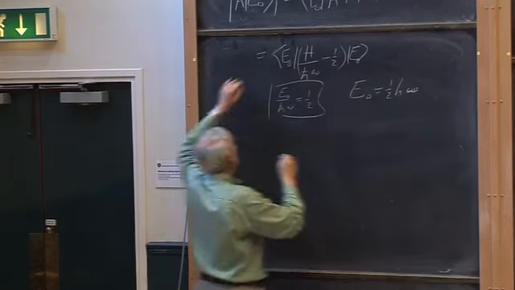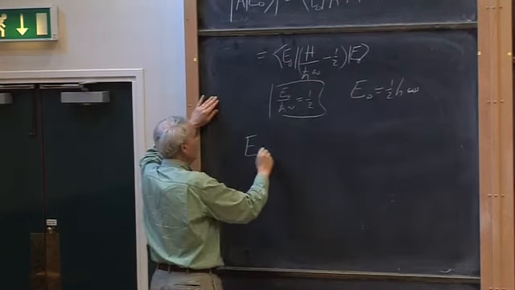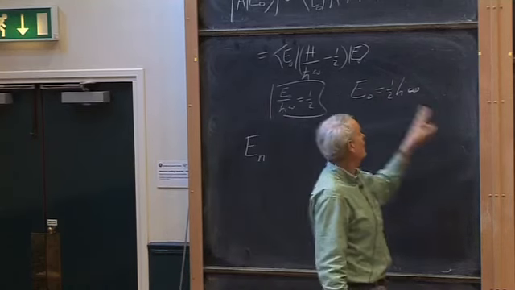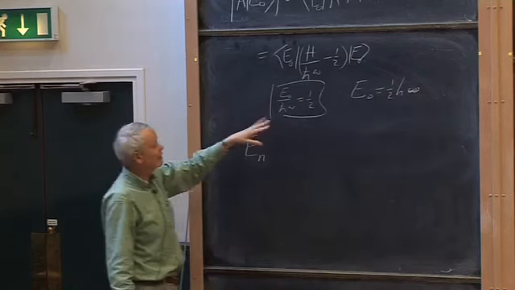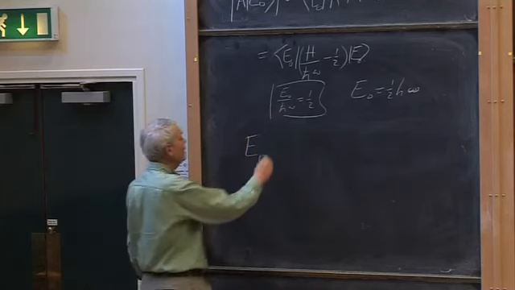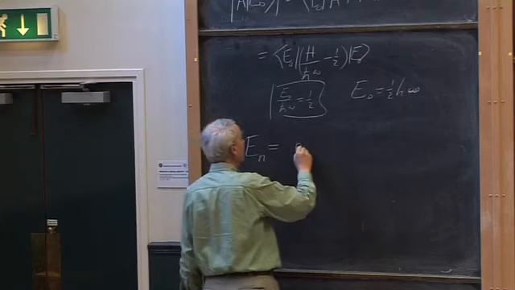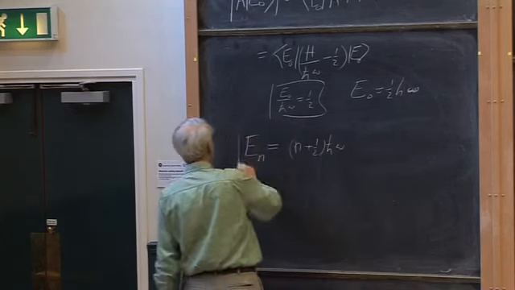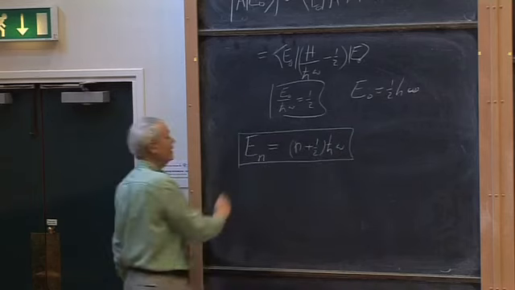And now we know what the general energy is because we know that we can make states of higher energy by applying A dagger to the ground state, moving up by h bar omega each time. The nth energy must be n plus a half h bar omega. So we have found the allowed energies.